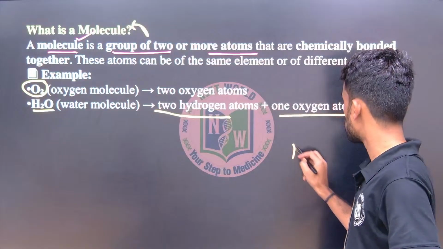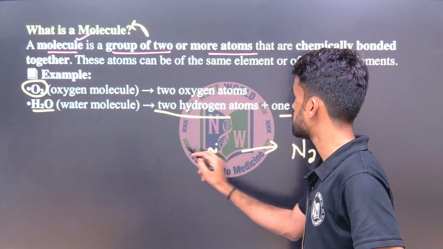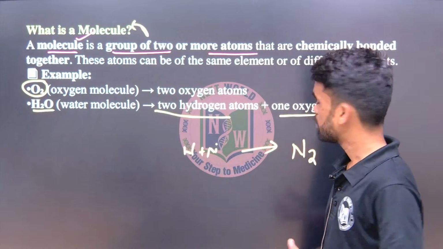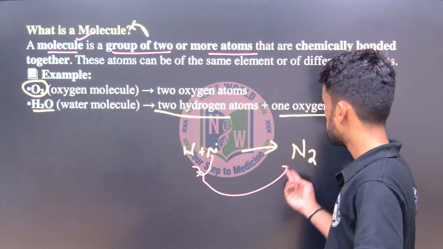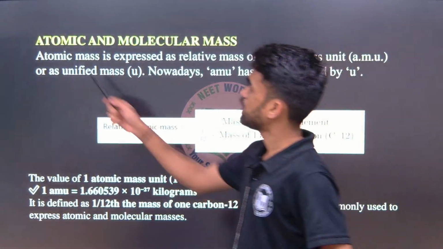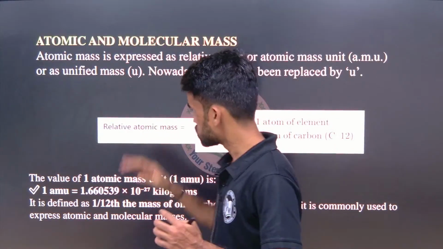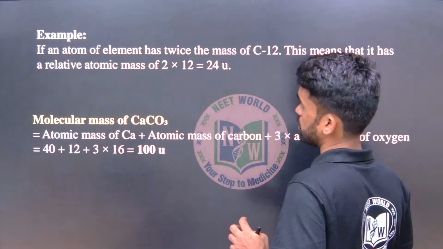The nitrogen molecule is a combination of two nitrogen atoms. So atoms combine to form a molecule. Atoms have atomic weight, molecules have molecular weight. We'll come back to this, wait for some time.